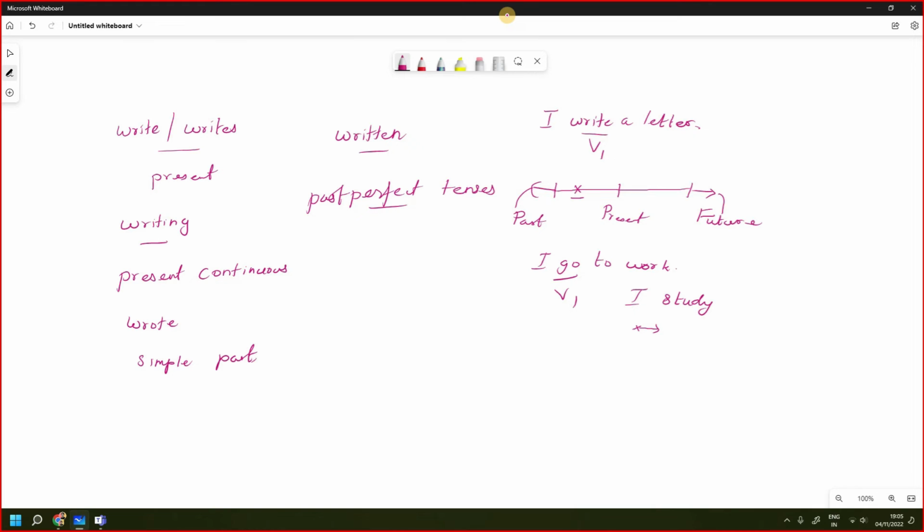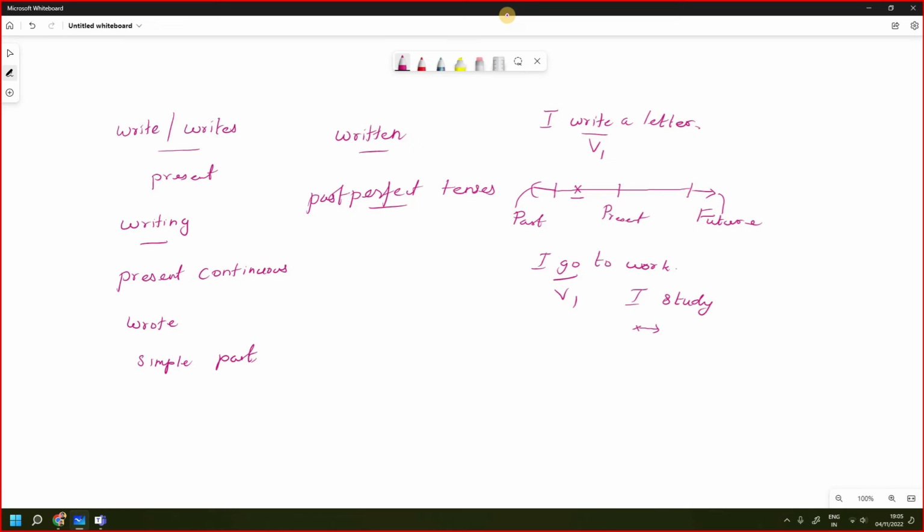We are not worried about when it started. We are only telling I'm studying or I'm working. Presently I'm working. For this kind of usage we use simple present.